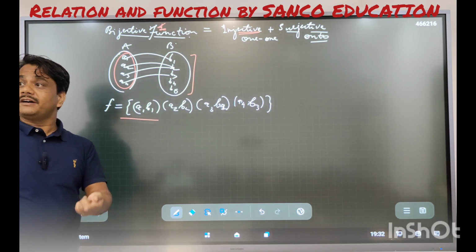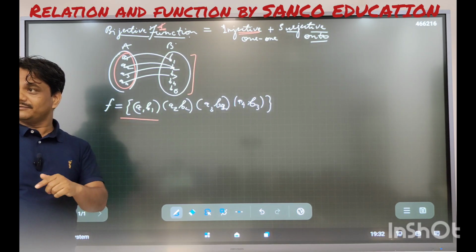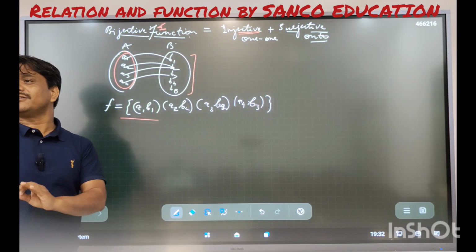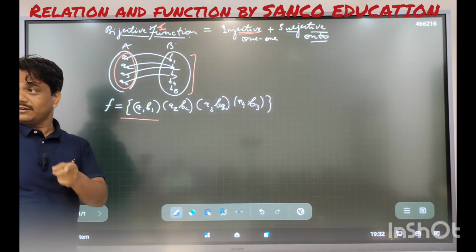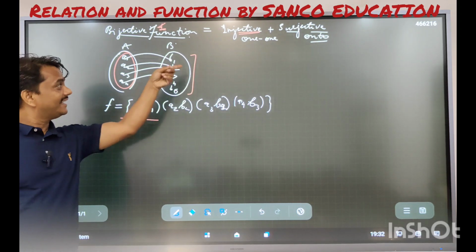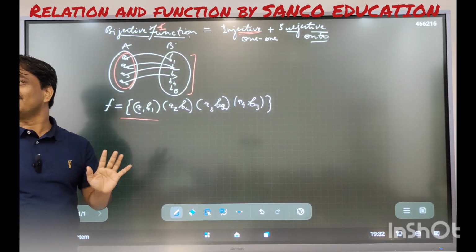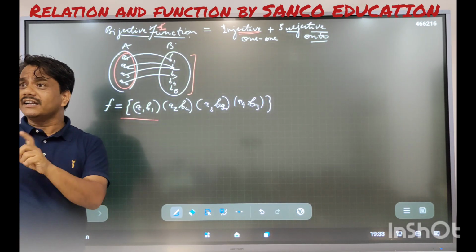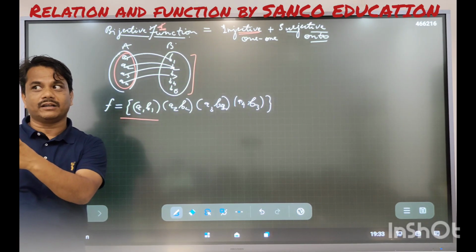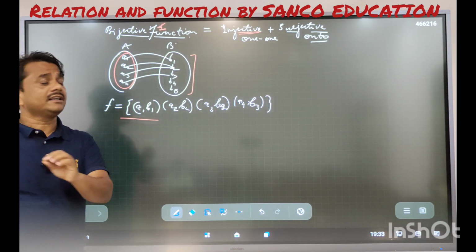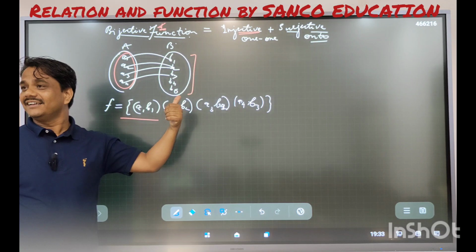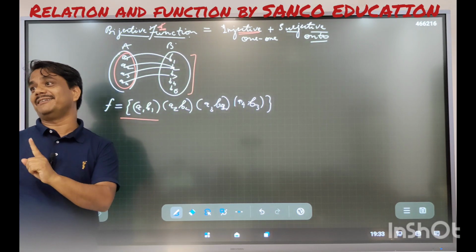So a function is a special relation, when every element of A has one and only one image in set B. The words "at least one" will not be used here, because a single element cannot have more than one image in B.